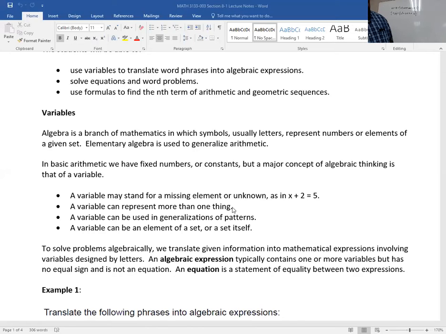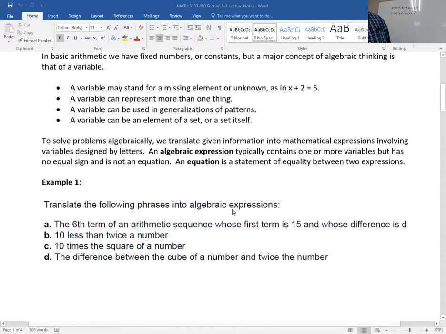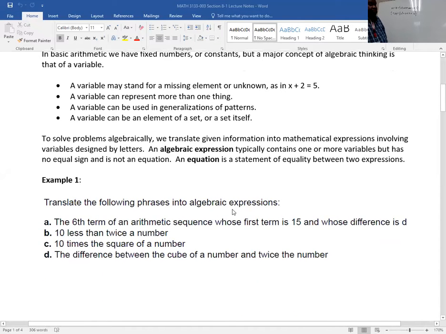All right, so back to this. Let's say we want to solve problems algebraically. What we do there is translate given information into mathematical expressions involving variables designated by letters.